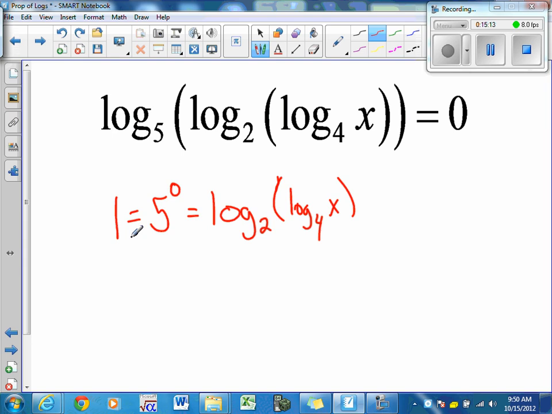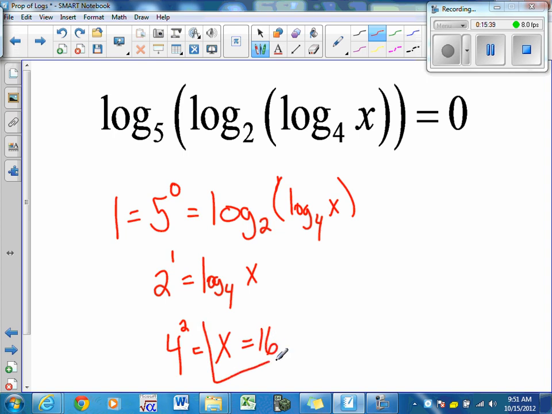Exponential form again: 2 to the first is log base 4 of x. Let's do it again: 4 squared equals x. And now we've gotten rid of all the logarithms by writing it in exponential form over and over again. And 4 squared is 16.